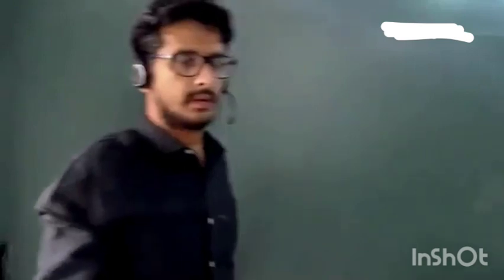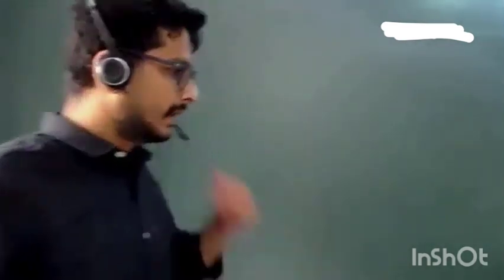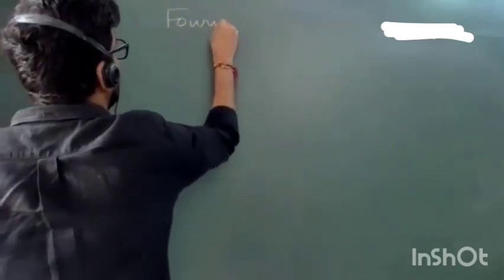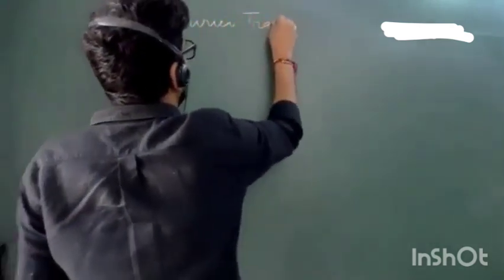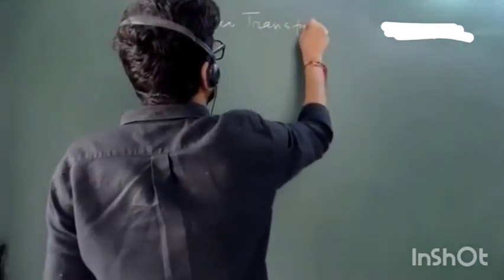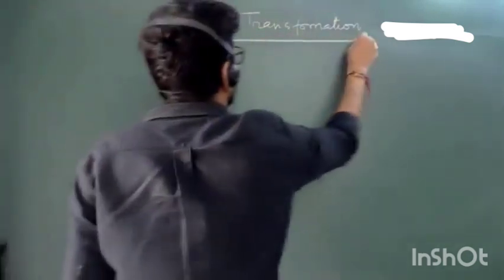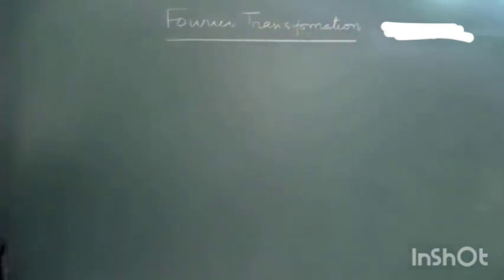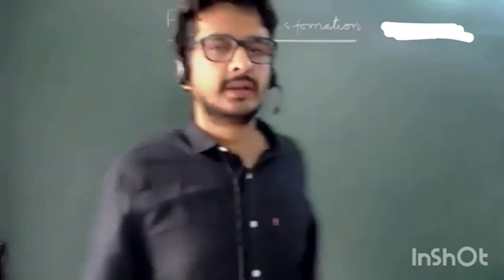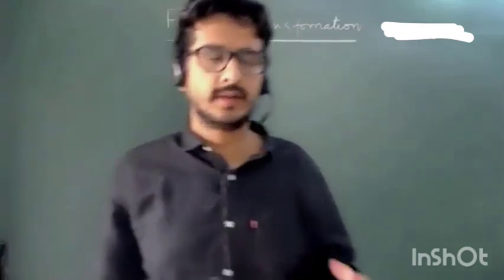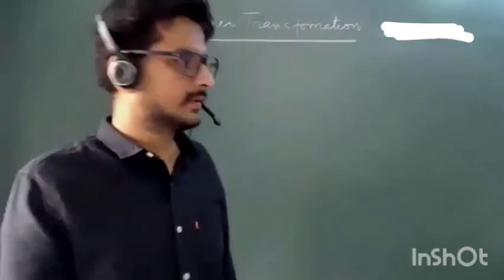Okay, so in today's class, after Fourier series, the continuation will be the Fourier transform. If you remember, in Fourier series, the function has to be either periodic, or I told you it should be piecewise periodic.